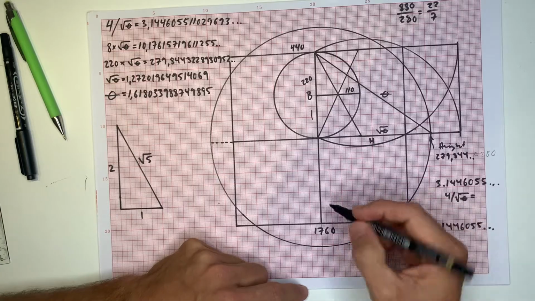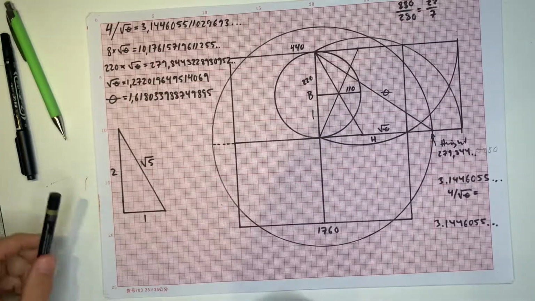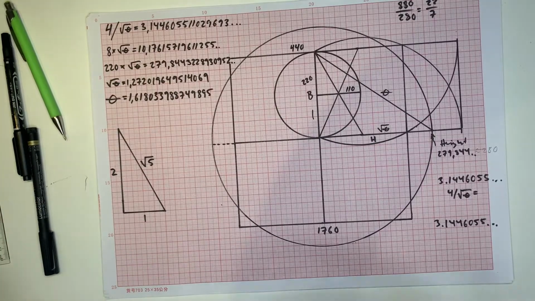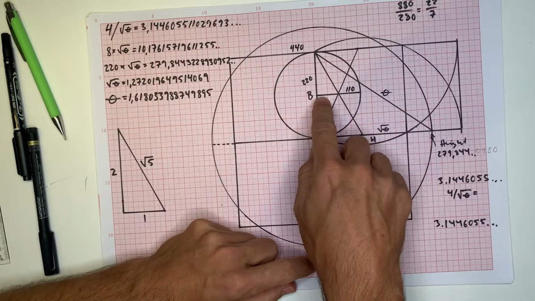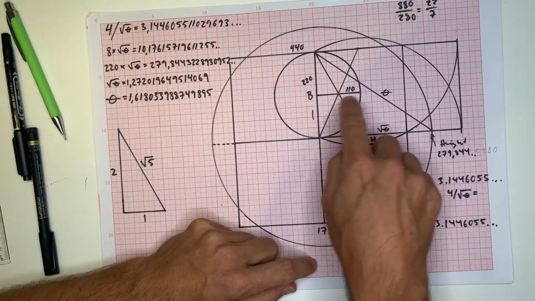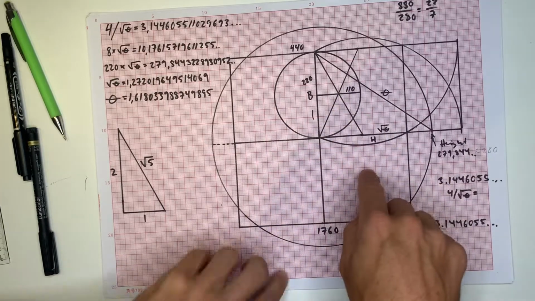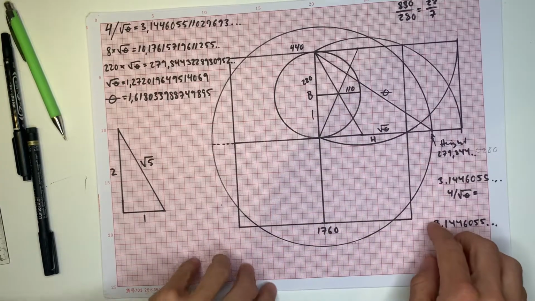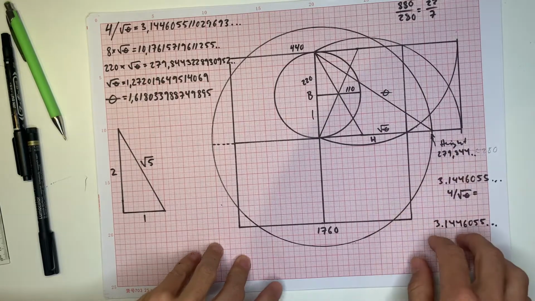And as you can see in this drawing, I do not put in any numbers. It is completely numberless. You choose yourself what number you want to start with, and the length of this starting line will decide all other relationships and all other numbers that come out. So that's very interesting.